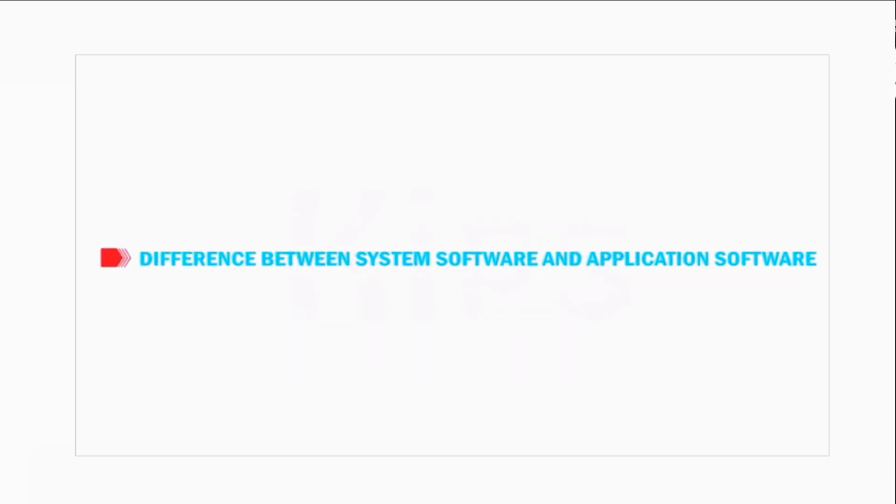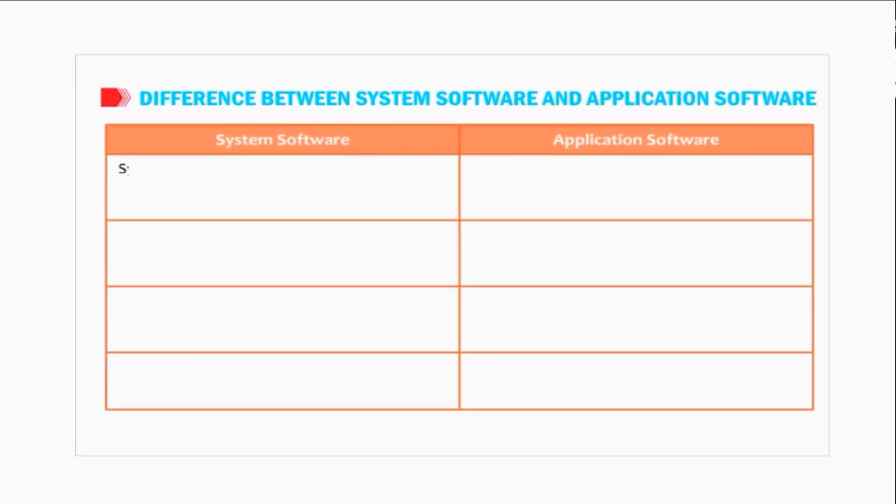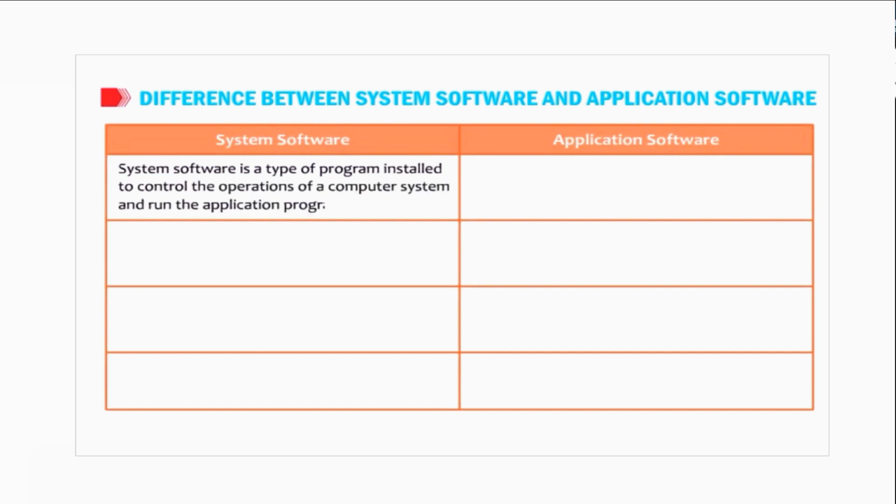Let us find out the difference between system software and application software. System software is a type of program installed to control the operations of a computer system and run the application programs. Application software is installed as per the requirements of the user.